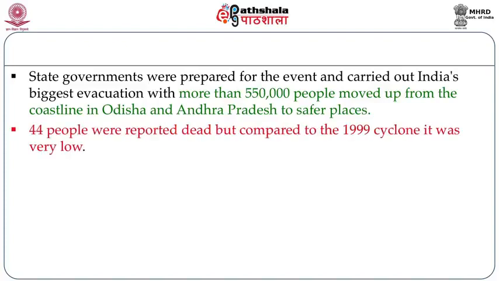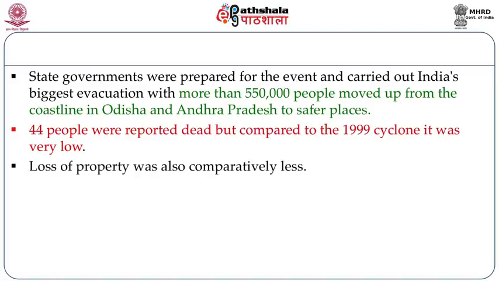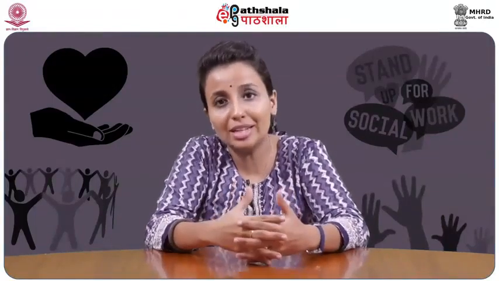Forty-four people were reported dead, but compared to the 1999 cyclone, it was very low. Loss of property was also comparatively less. This shows how preparedness and mitigation can actually help.